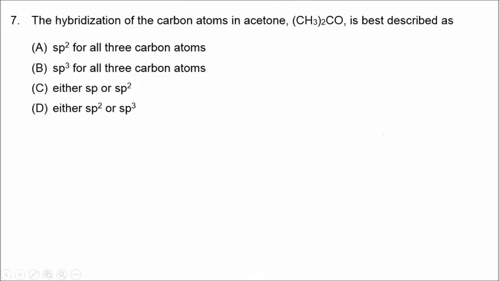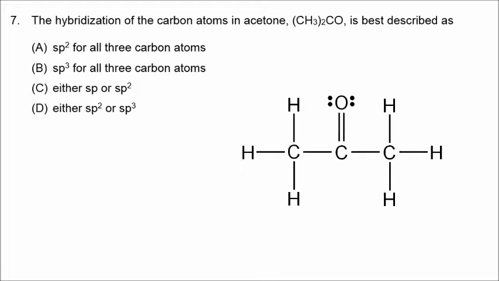Number 7 also talks about hybridization. The acetone molecule has two CH3 groups attached to a carbon which is bonded to an oxygen. And if you fill in the electron pairs, it ends up looking like this.